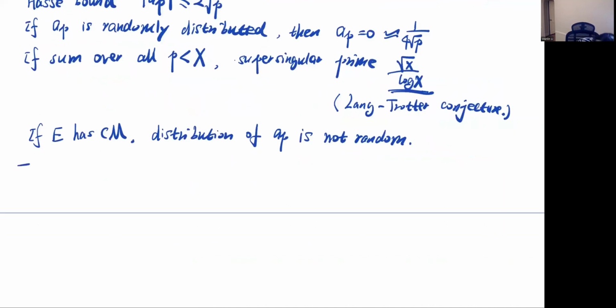So let me state the theorem of Shimura-Taniyama.